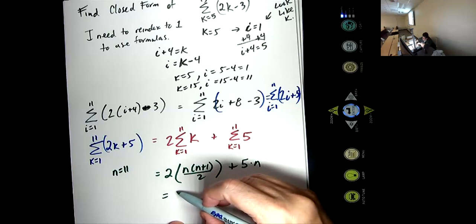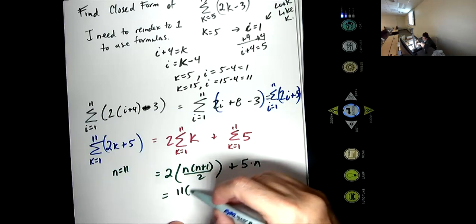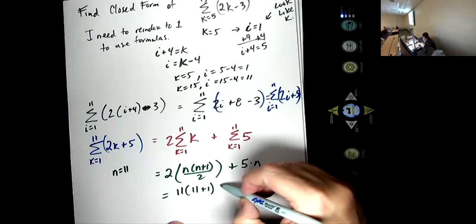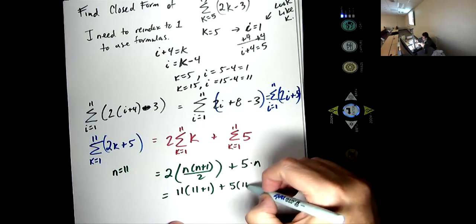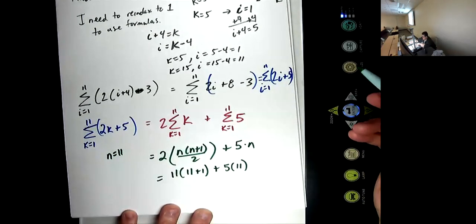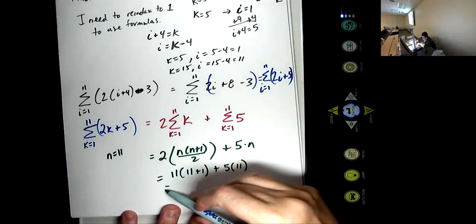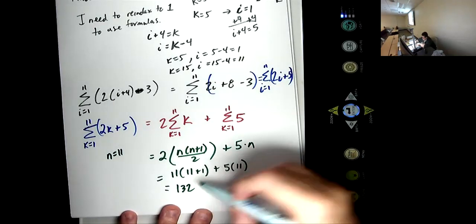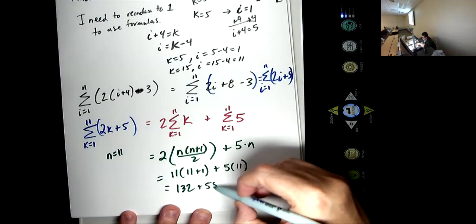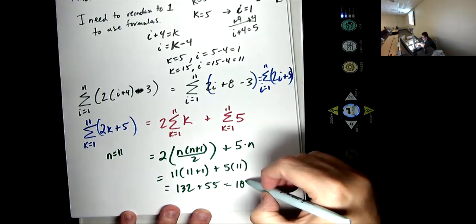When I plug in n, I get 11 times 11 plus 1, plus 5 times 11. 11 times 12 is 132, plus 55 is 187.